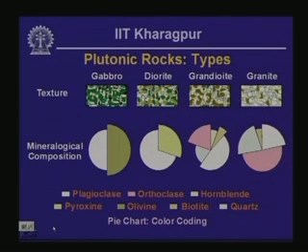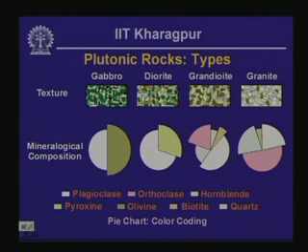Okay, now this particular slide is a counterpart of a similar slide that I showed earlier for volcanic rocks. Now this one shows the texture as earlier of different types of major plutonic rocks: gabbro, diorite, granodiorite and granite, and the mineralogical composition of these rocks are indicated with pie charts at the bottom.